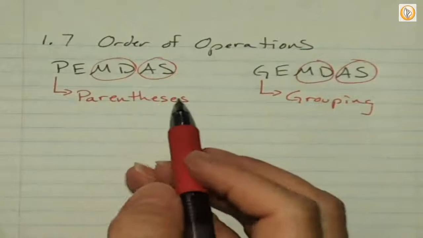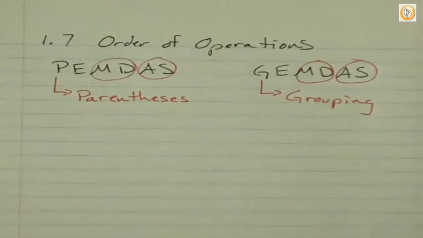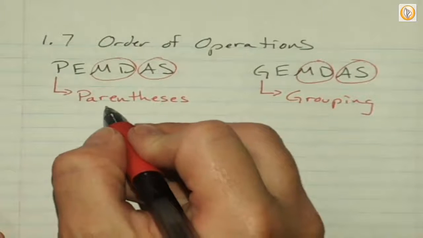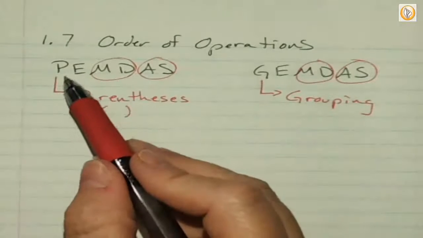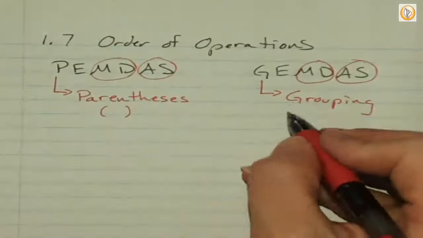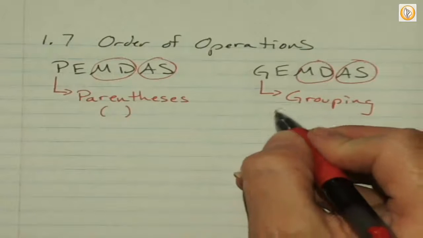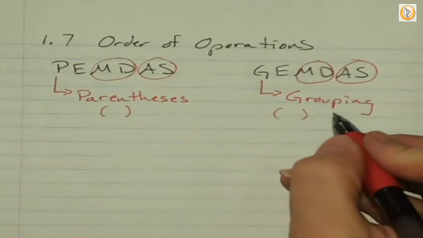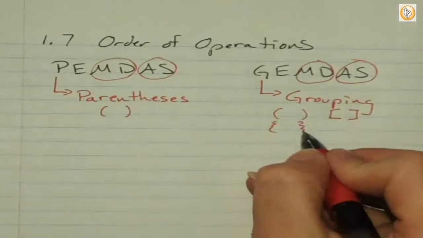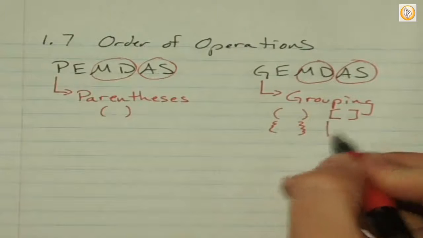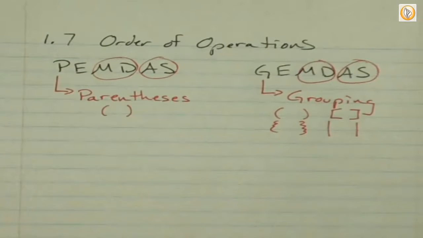I grew up with PEMDAS, but it makes more sense to change it to GEMDAS because people think parentheses is just that, right? But really, when they say parentheses, they're referring to the parentheses or the brackets or those fancy parenthesis things or even absolute value bars. That all falls under the parenthesis type heading, okay?